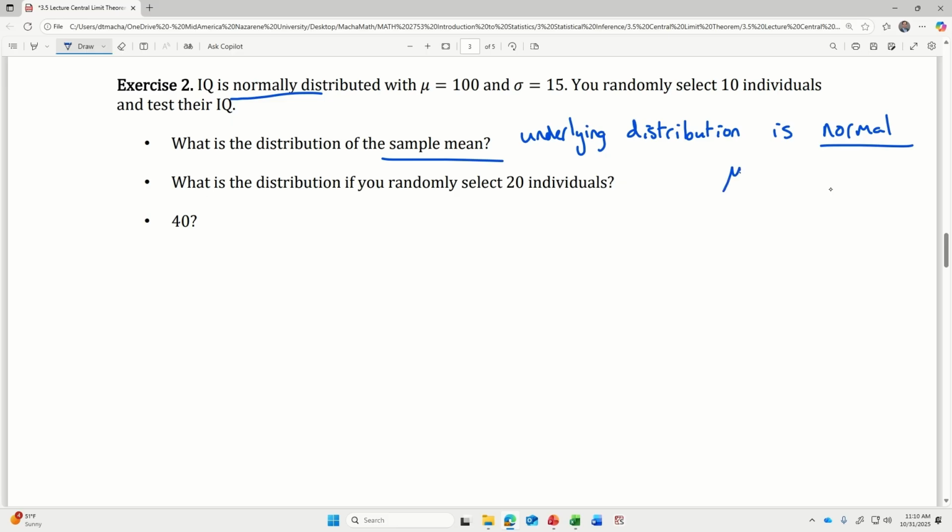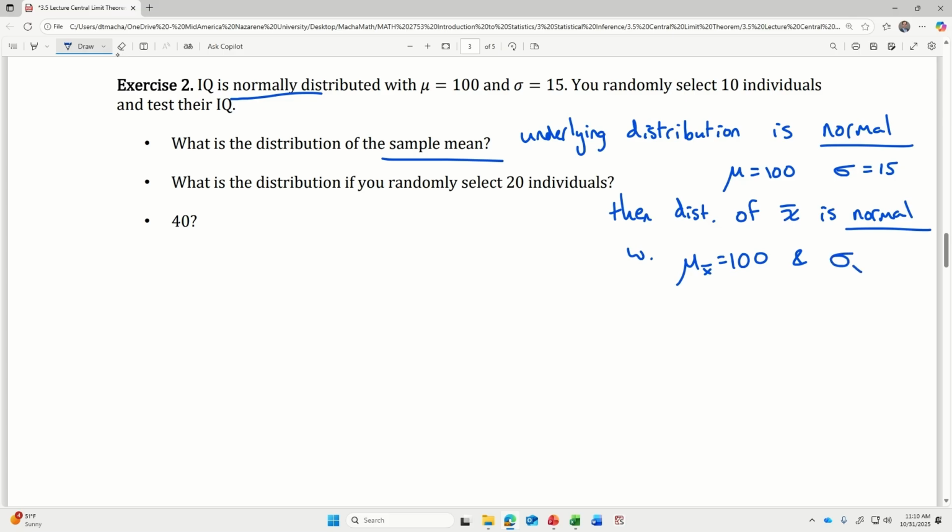It's normal with mean 100 and standard deviation 15. Then the distribution of my sample mean is also going to be normal with a mean of the same 100 and a standard deviation of, well, I have to use the formula.